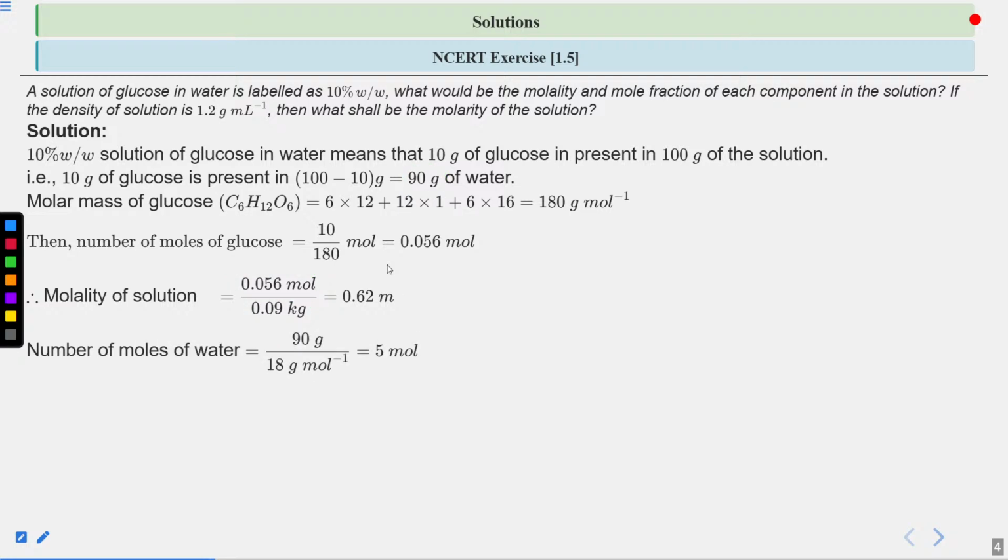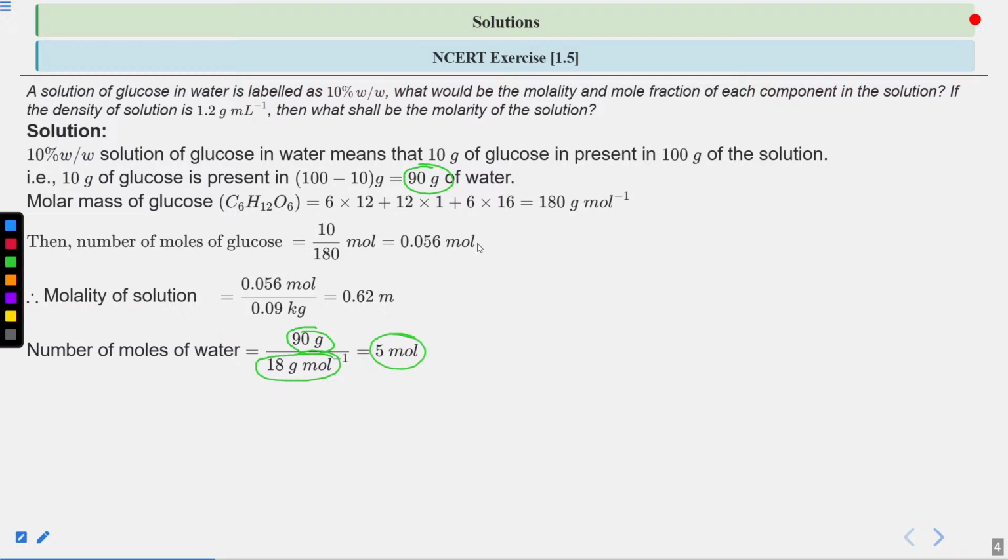Our next target was to calculate the mole fraction. For that, we would also need the number of moles of water. We know that the mass of water is 90 gram. Therefore, moles of water will be given by mass by the molar mass. It will give you 5 moles as the number of moles of water.